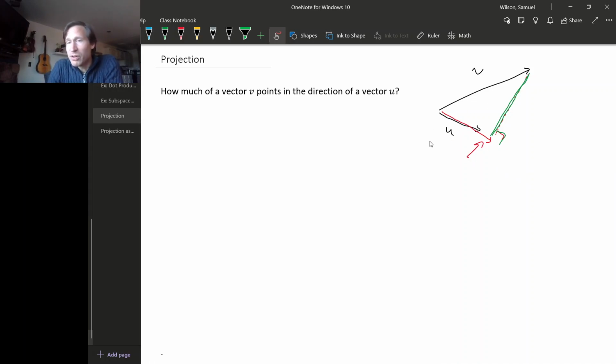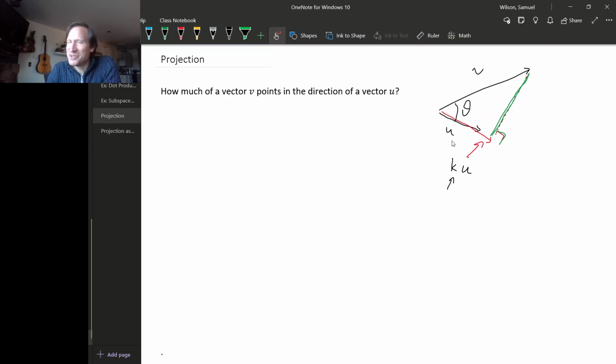Okay, so how can we find this bottom side? Well, it's a multiple of u, so this red vector is some multiple of u. Let's write it ku. So all we really need to know is, what is k? What is this scalar? How much of v points in the direction of u is going to depend on the length of v, the length of u, and the angle between these two vectors. This angle here, we could call theta.